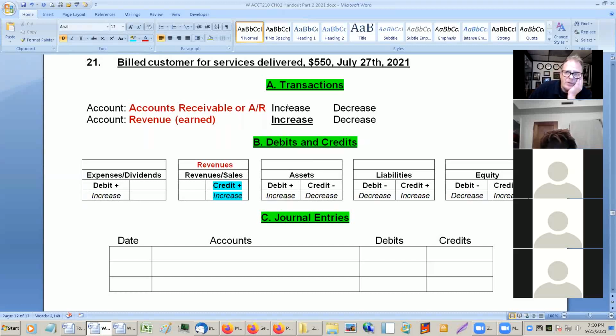Accounts receivable, is it going up or down? They owe us more or less? It's an asset. Now they owe us more. Yeah, now they owe us $550. So we're going to increase our accounts receivable. We did the work, handed them the bill.